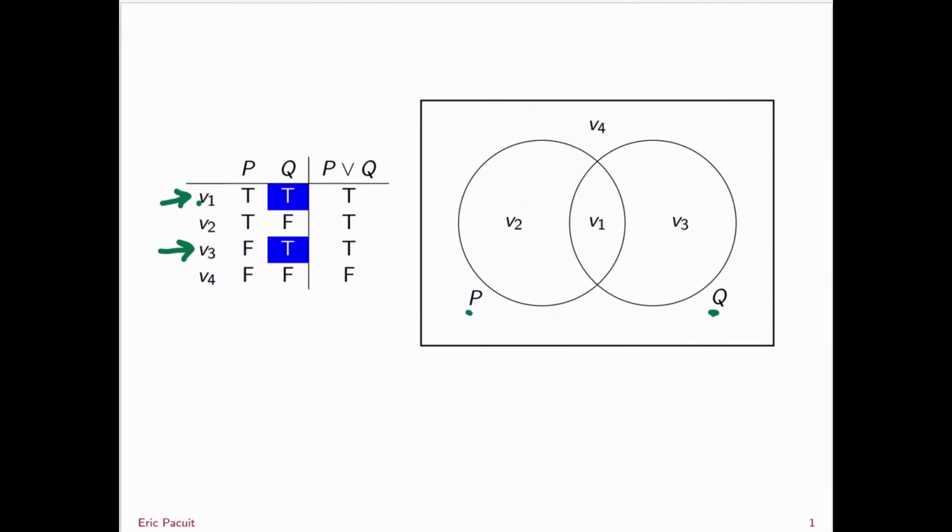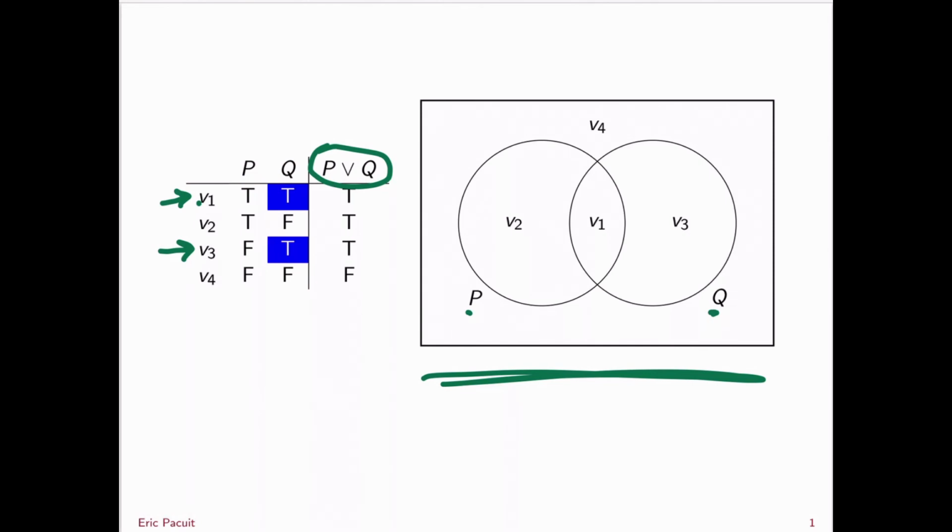So what part of this diagram, this Venn diagram, corresponds to P or Q? We're going to follow the same idea, but instead of drawing a new proposition, we're going to shade the regions that include the rows of the truth table that make P or Q true.